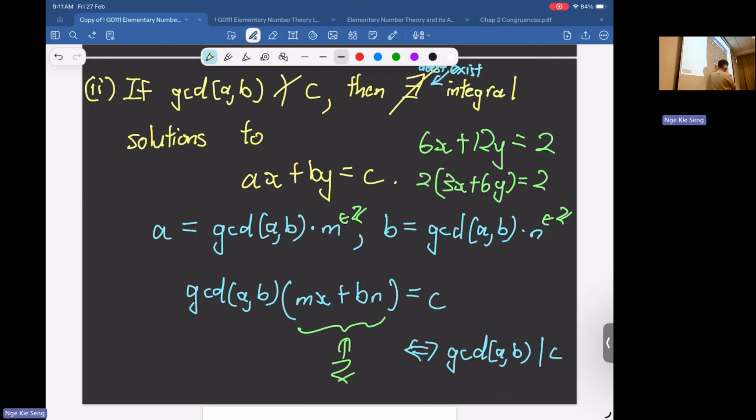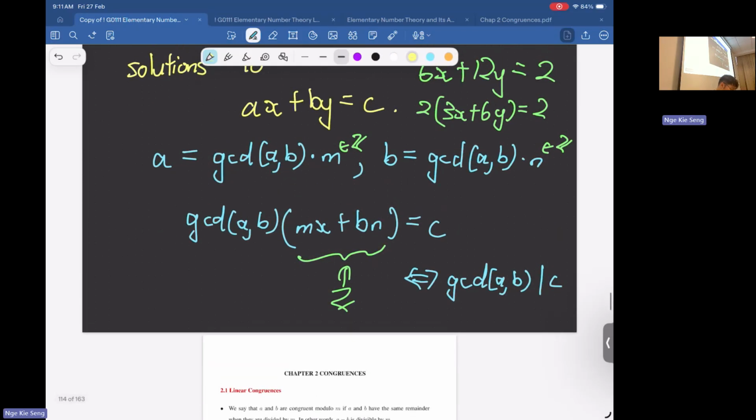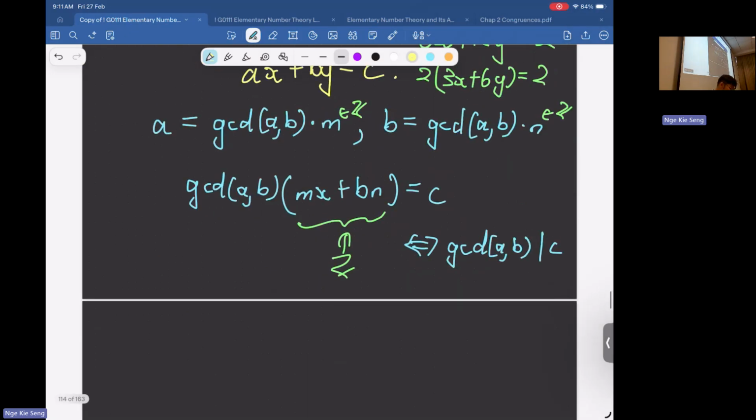Because GCD will include all the divisors, which is the prime to the minimum power that occurs in A and B. Do you still remember the formula for GCD? Let me write it down here.